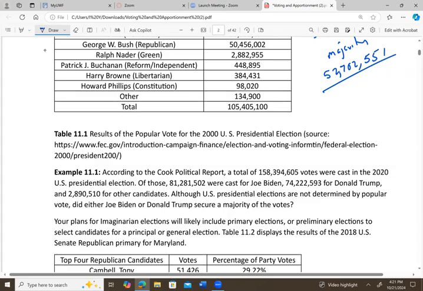Although U.S. presidential elections are not determined by popular vote, did either Joe Biden or Donald Trump secure a majority of the vote? So we take 158,394,605 divided by 2, and that comes to 79,197,302.5. So, seeing as how Joe Biden had 81 million, yes, there was a candidate with a majority, and it was Joe Biden.